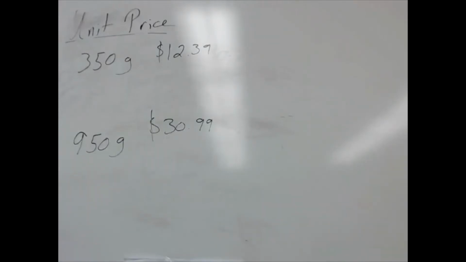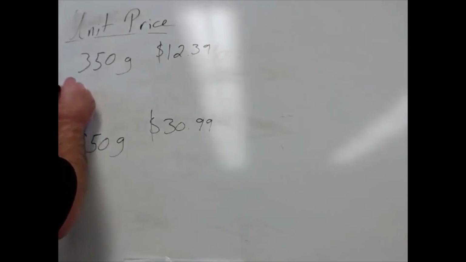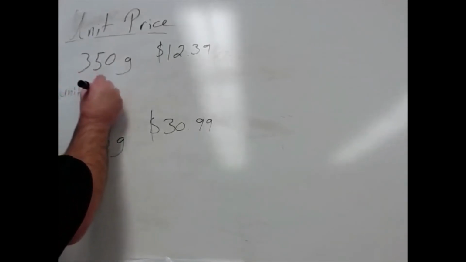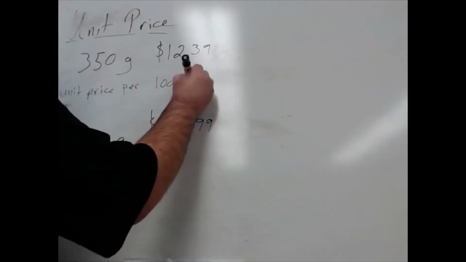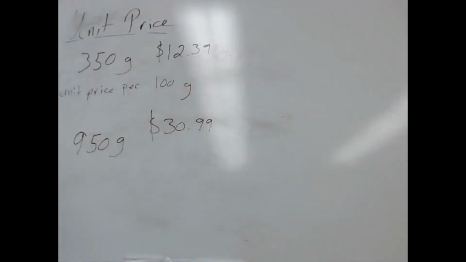So when you have a number like 950 grams or 350 grams or 720 milliliters, we'll often find the unit price per 100 grams in a case like this, or 100 milliliters if you're measuring in milliliters, which works a lot of the same way.